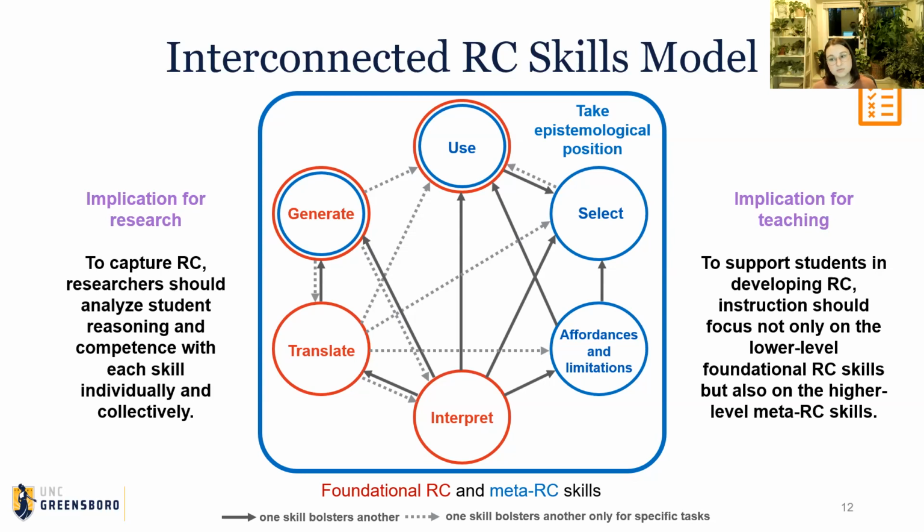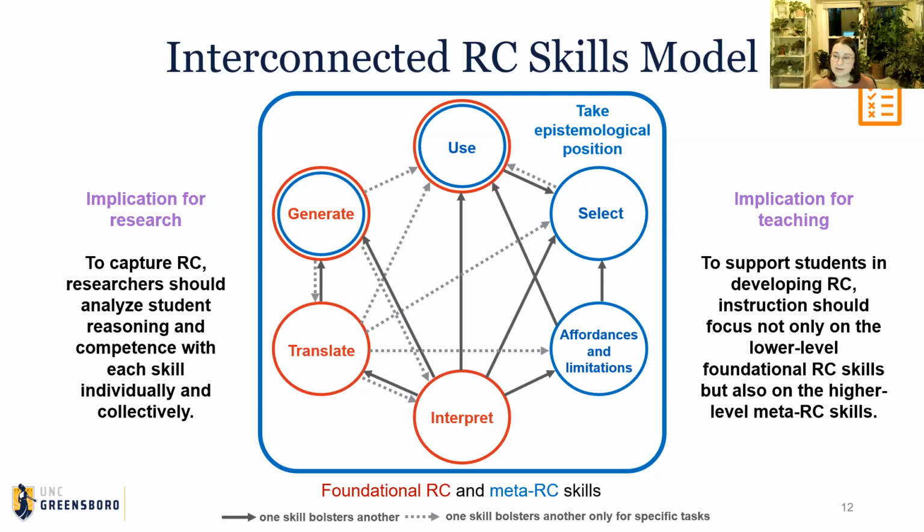So an implication for research is that to capture representational competence, researchers should analyze student reasoning and competence with each skill individually and collectively. And here I will comment on the state of studies in our field and beyond when it comes to representational competence and why consensus in how we approach studying this construct is lacking.